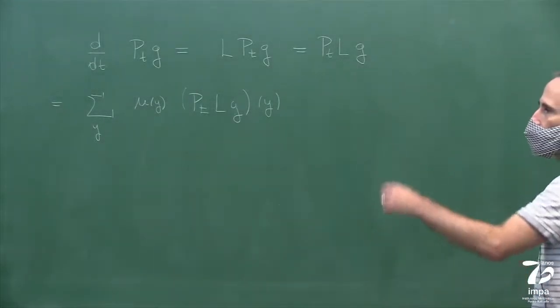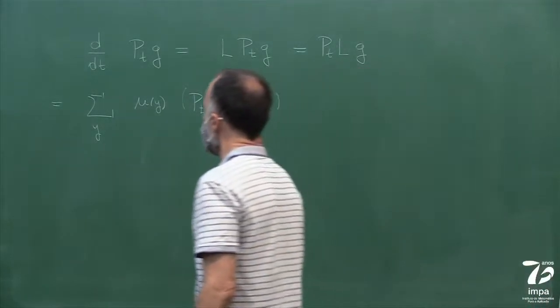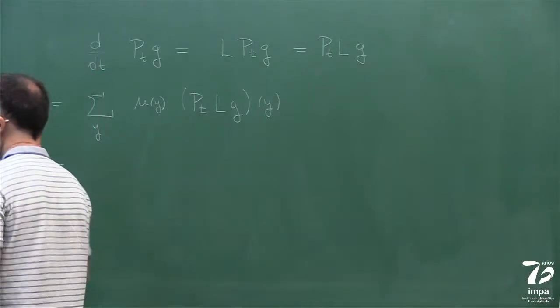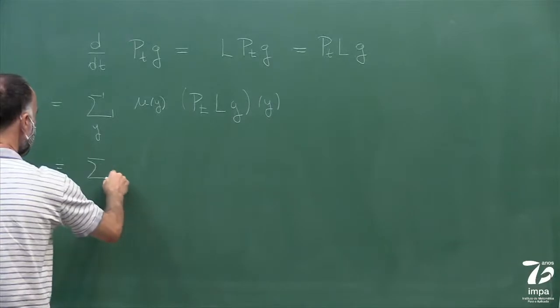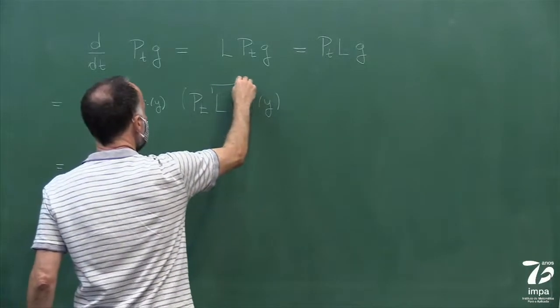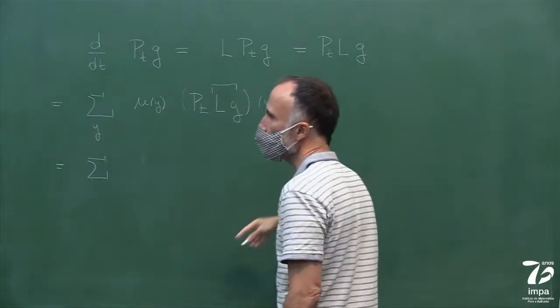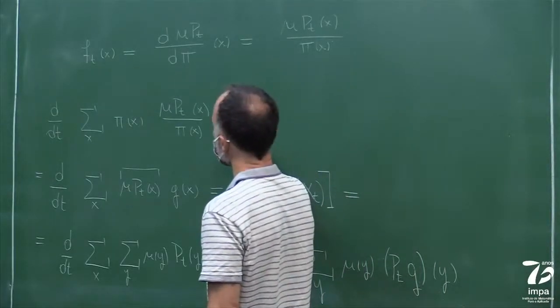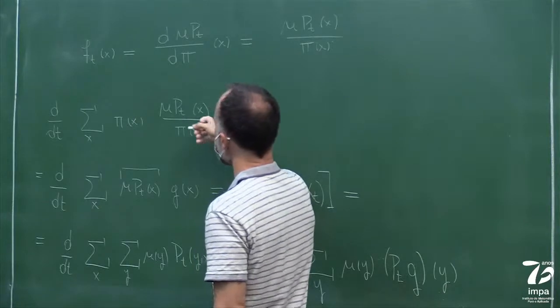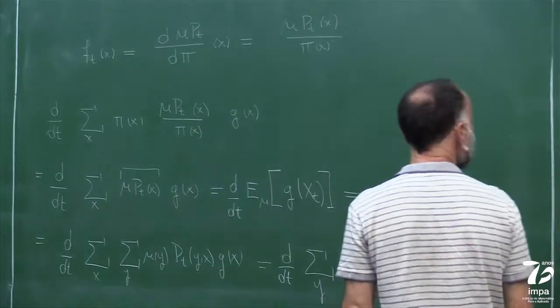Now I go back in my, okay, so let's do it here. I have a new function, which is LG, and I just want to go back to express this term as LG here. So I have to do the computation backward.